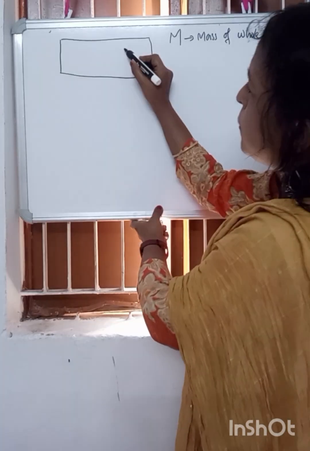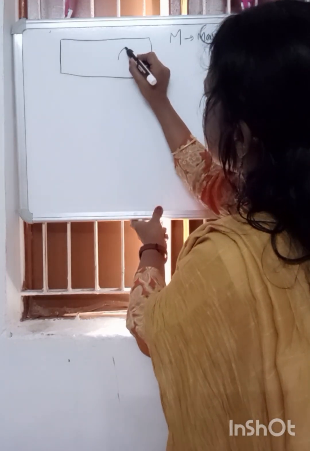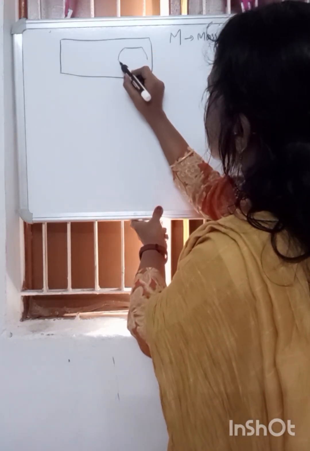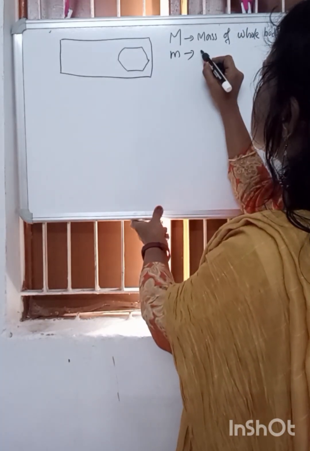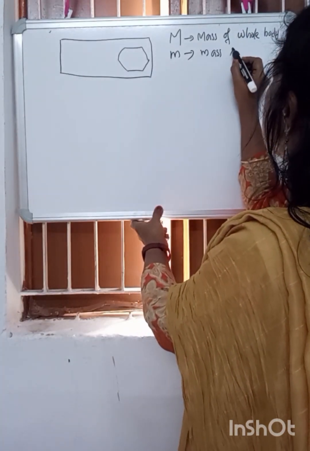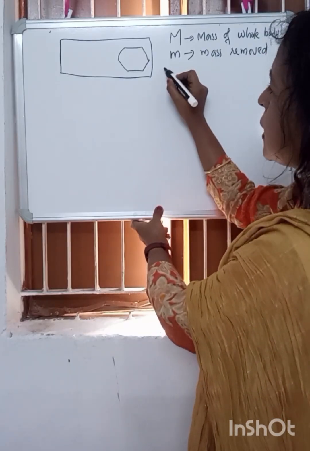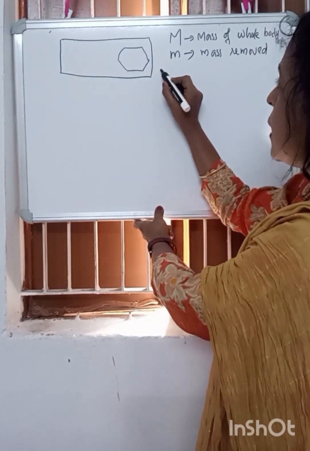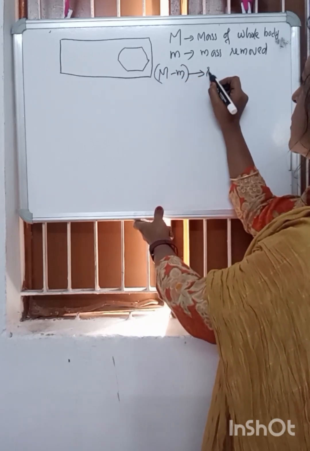Suppose I am removing some of the mass from here, of any shape. Small m is the mass removed. So what is the remaining mass? The remaining mass is M minus m.